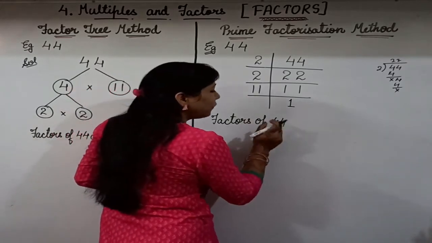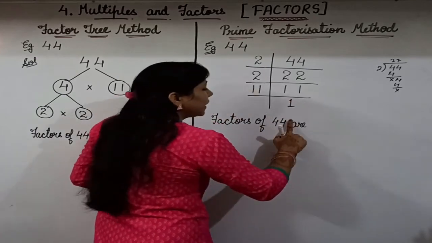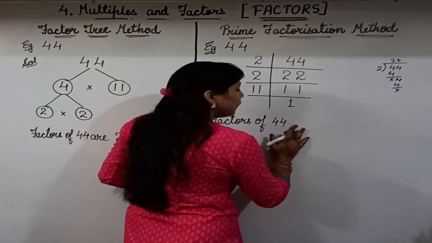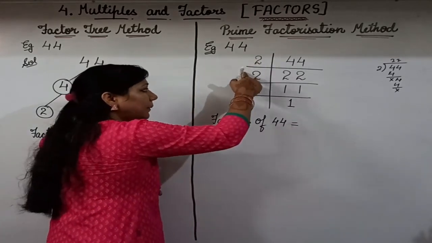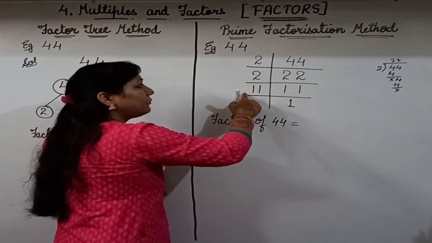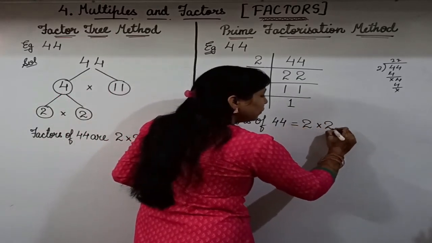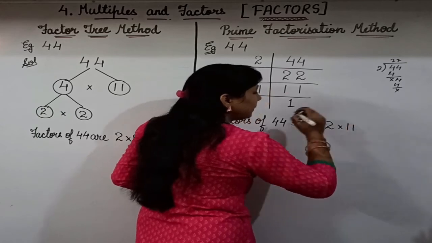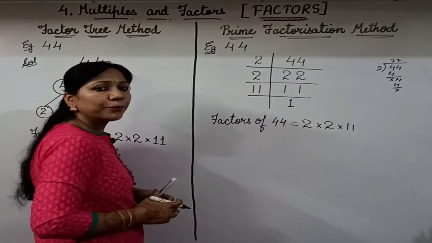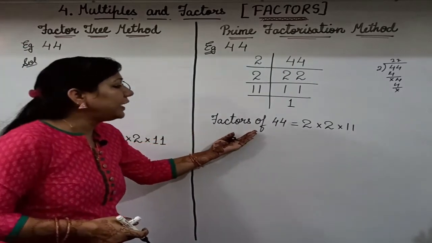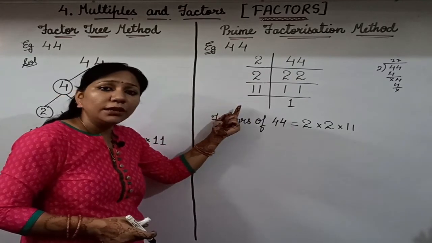Factors of 44 are equal to, multiply the numbers written on the left hand side here. That is 2 multiplied by 2 multiplied by 11. 2 2s are 4, 4 11s are 44. So this is how you can find the factors of any number by using the prime factorization method.